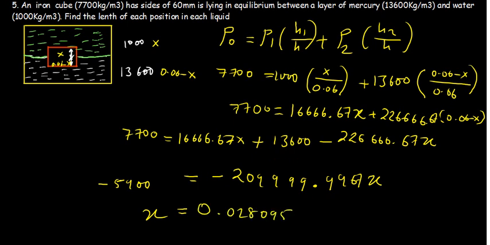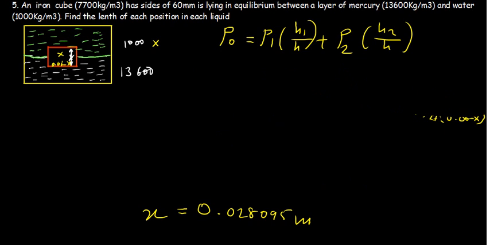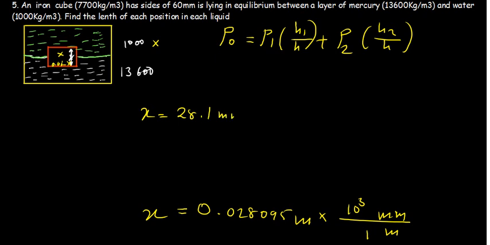This answer is in meters, so we can convert it to millimeters to see how rational it is. A meter goes down, a millimeter on top. In 1 meter we have 1,000 millimeters, so we multiply by 1,000. So x is going to be equal to 28.1 millimeters.